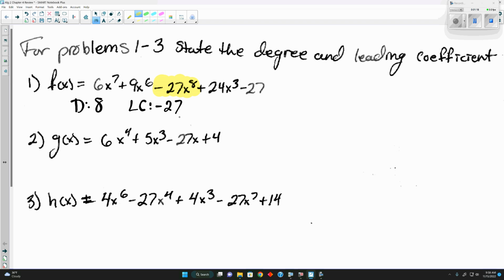We can do the same thing for the next one, and if we look through this one here, it turns out the variable with the biggest exponent is the first one. So it tells us our degree is 4, and the leading coefficient is 6.